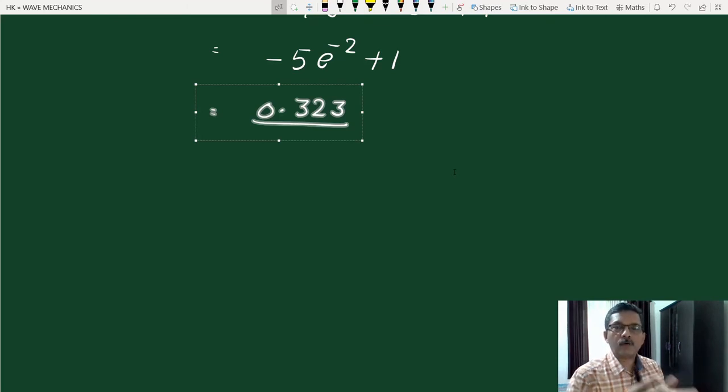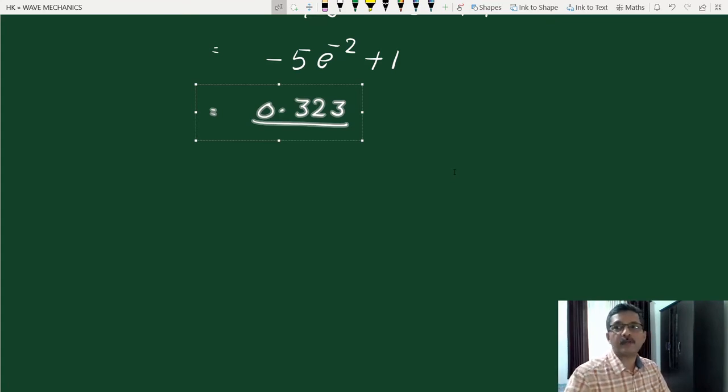It can also be found beyond A0, right? Nearly 68 times the electron will be beyond A0. So there are more probabilities for the electron to be found beyond A0.